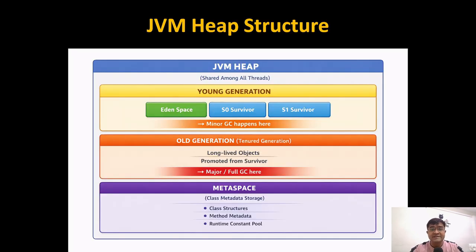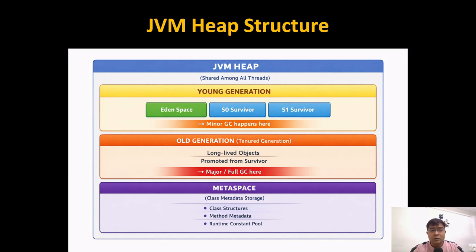So this is basically a JVM heap structure. You have different sections here. You have a young generation, in that you have Eden space, S0 survivor, S1 survivor, and the minor GC, that is minor garbage collection, happens here. The next section is the old generation, the tenured generation, with long-lived objects promoted from survivor.